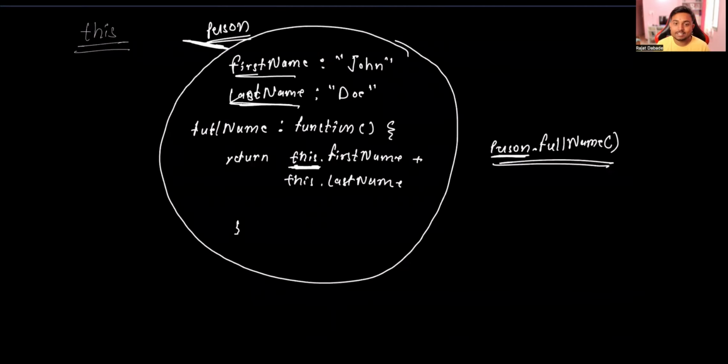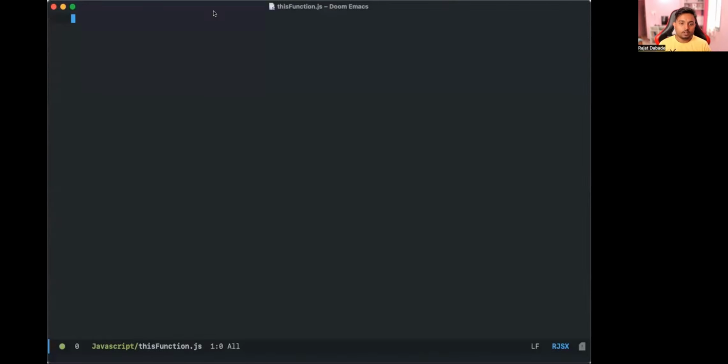So let's see all of this in action in the IDE. Here I have my IDE open. Let's write a parent object. The parent object will have a first name, which is John, and a last name, which will be Doe.